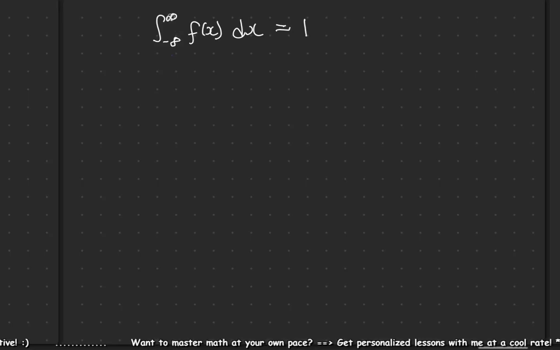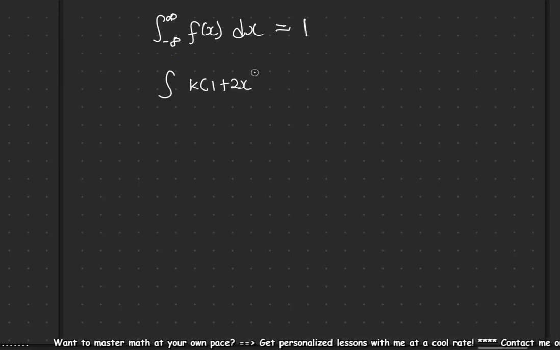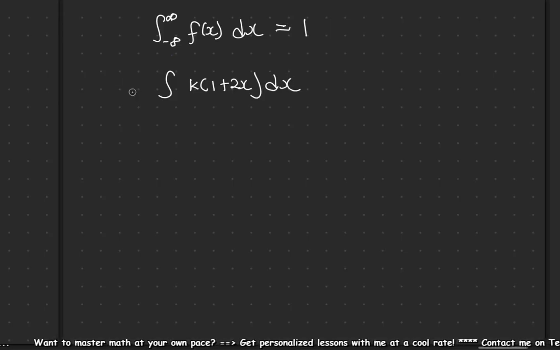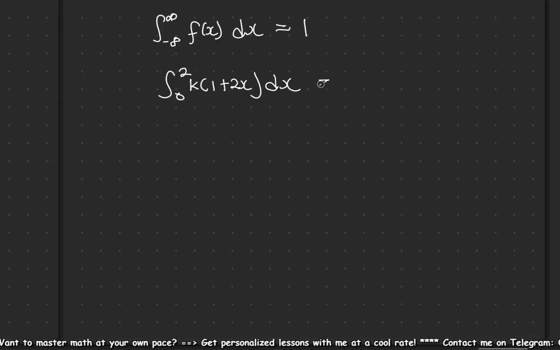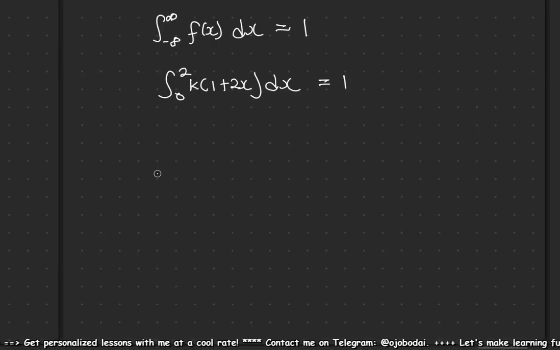So we are not going to use these infinities, but we are just going to use our integral of k into bracket 1 plus 2x dx for lower limit 0, upper limit 2 equals 1. You see? Then now we would have to what? Input our integral. So to solve this integration, we would need to what? Expand it.